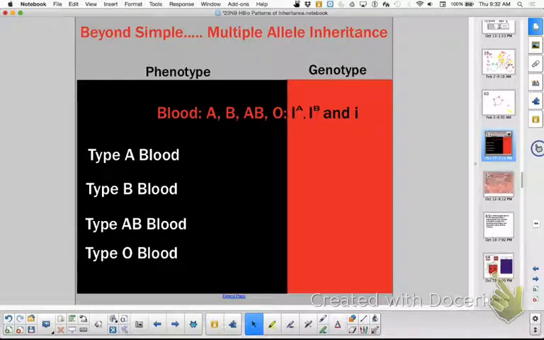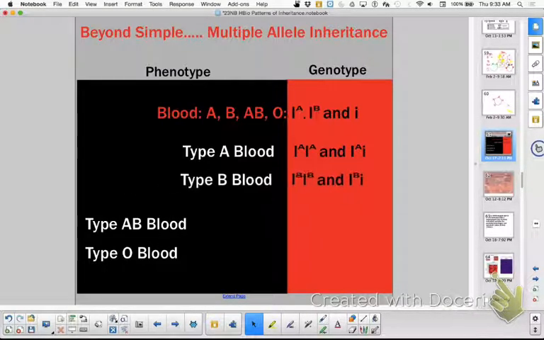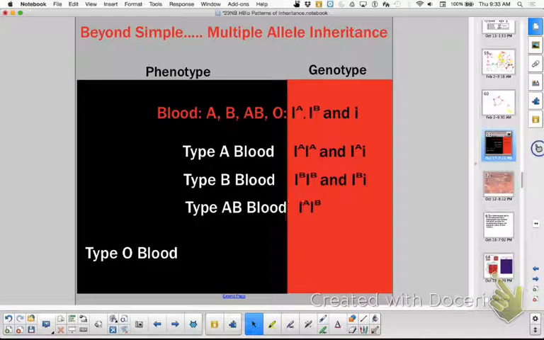What are all your possible genotypes if you're type A blood? Tell me. Okay. And then type B blood? AB blood? Big IA, big IB. And type O blood? Perfect.